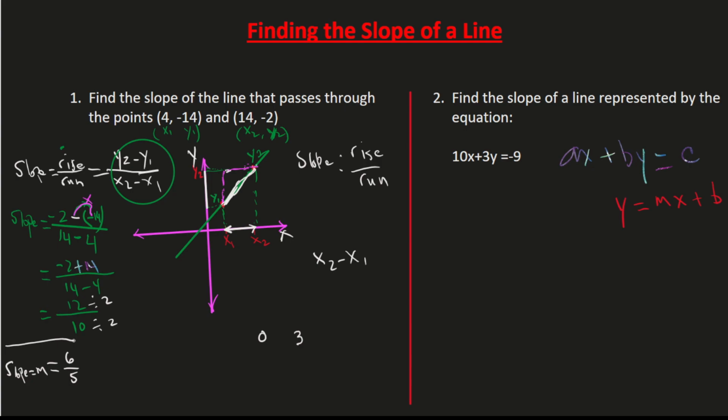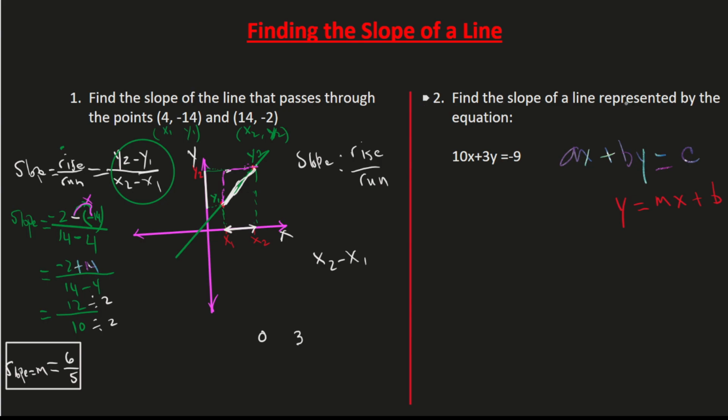And this is the answer, guys, to the question. So the slope m is equal to 6/5. That's the slope of this line that passes through the points (4, minus 14) and (14, minus 2). Okay. Now let's work with the other problem here.